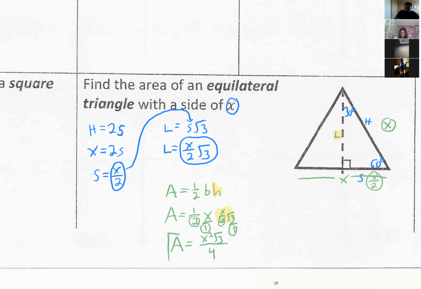So the area of an equilateral triangle is the side length squared times radical 3 over 4. So hopefully that looks familiar from 17.2 homework. So that's probably a good formula to remember. If you have an equilateral triangle, to find the area, just take the side length, square it, times it by radical 3, and divide by 4.